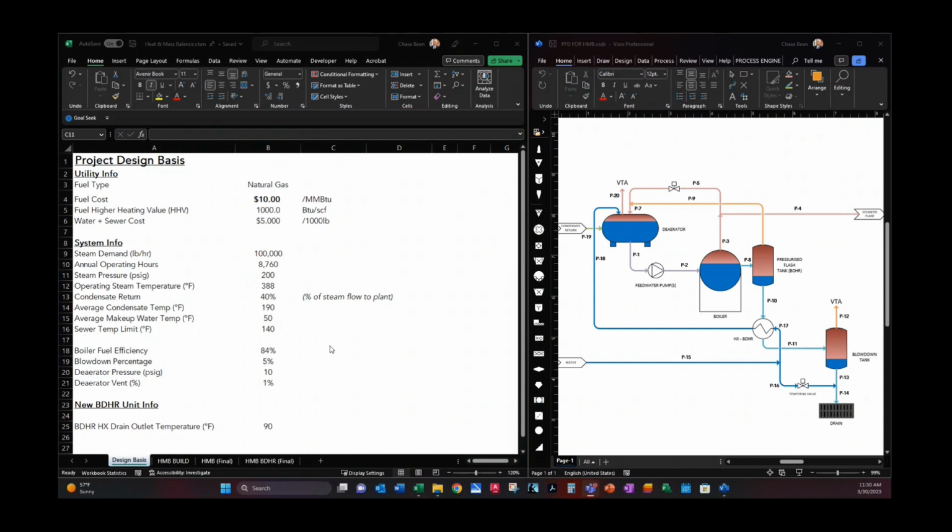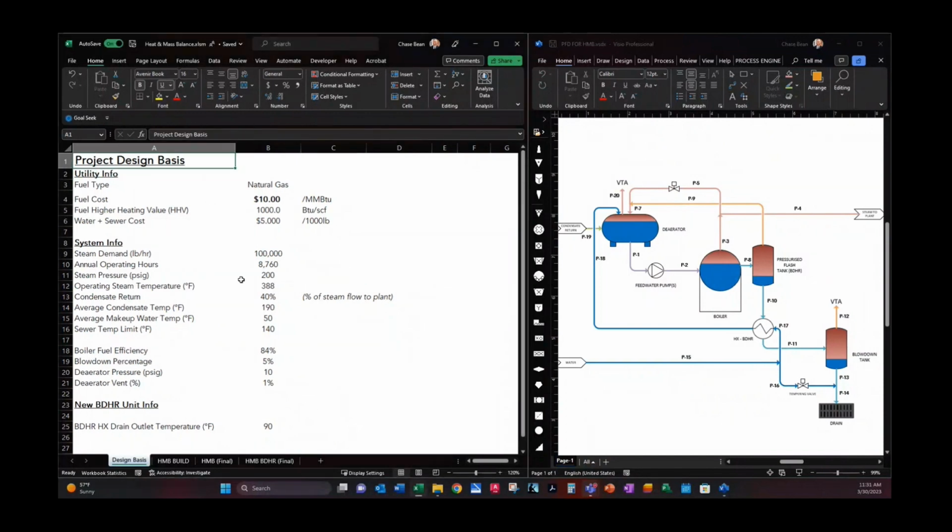You don't have to do it from scratch like this, but I will take our heat and mass balance and run all sorts of other calculations off of it. And so I just really like to do it in Excel so that I can do whatever I want. That's my preference. By all means, if you want to do it a different way, that's fine. But hopefully you can find something useful out of this.